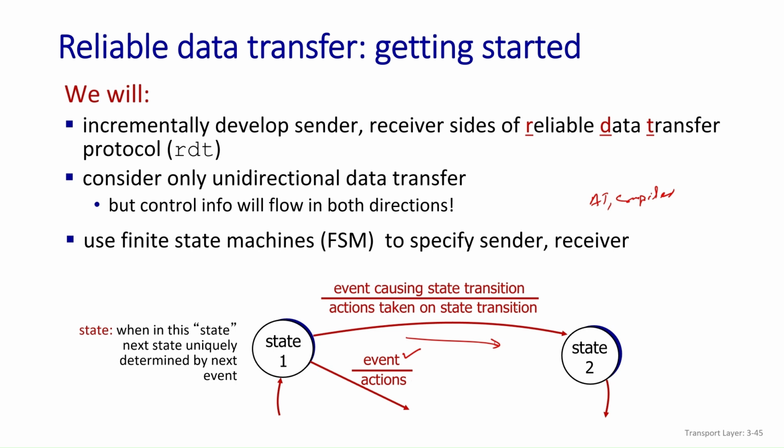So if there is an event causing a change in the state, for example from state 1 to state 2, we also take action on the state transition. We'll always have some event, and as a result of this event we have to take some actions, causing this change in the state. So we'll take the help of this finite state machine to understand this.